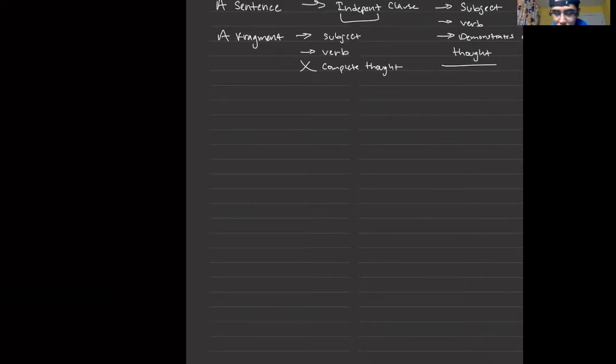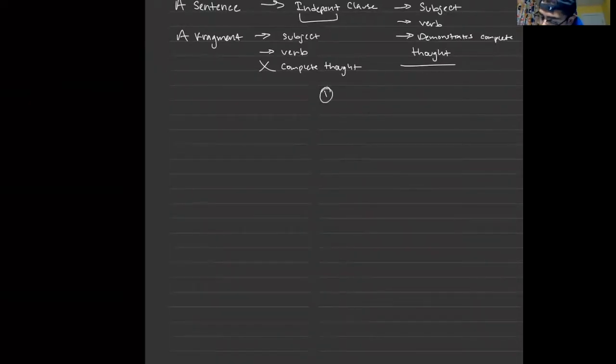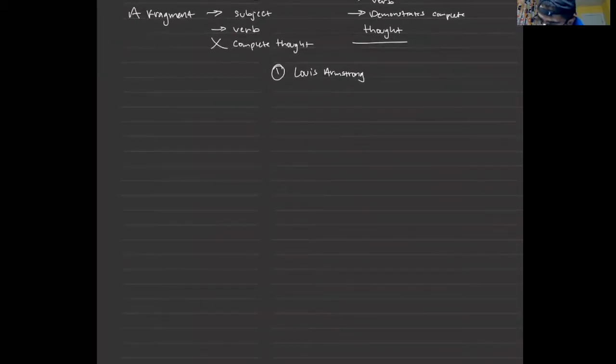Louis Armstrong was one of the greatest jazz musicians of the 20th century. So is that a sentence or a fragment? Okay, let's write this down. We have Louis Armstrong was one of the greatest jazz musicians of the 20th century.